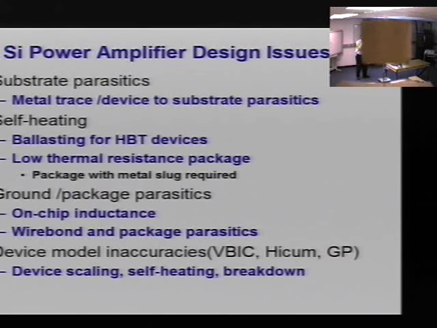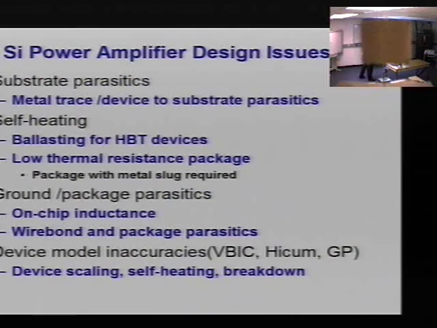You have a lot of inductances for the on-chip lines, and of course the wire bond and package parasitics, which have to be modeled very accurately in order for you to design. And it's more sensitive depending on the design topology that you're using, whether it's single-ended or a differential topology, which might offset the impact of the parasitics on your PA performance.